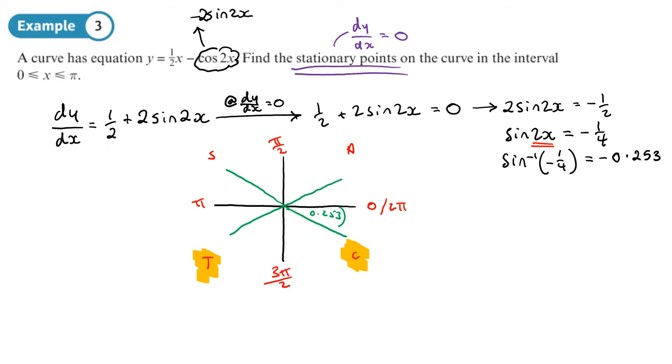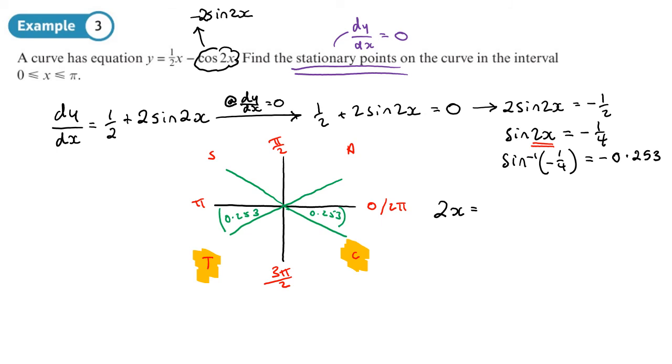So that's going to be, let's get the right color, green. That's also 0.253.